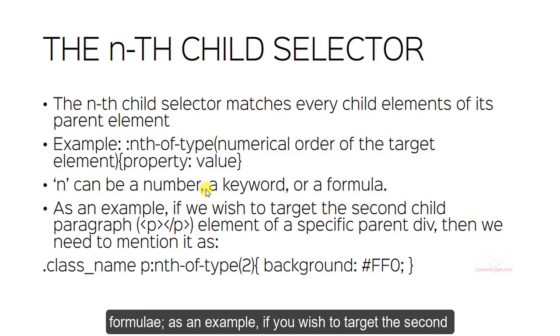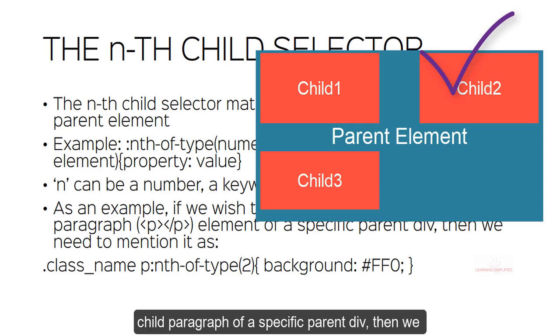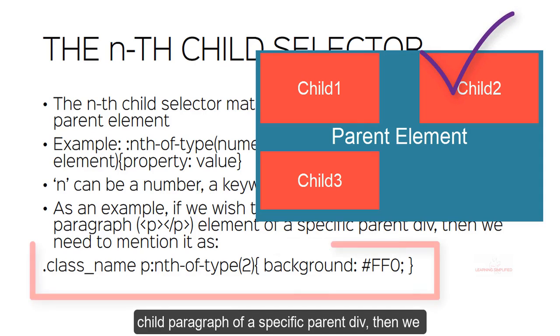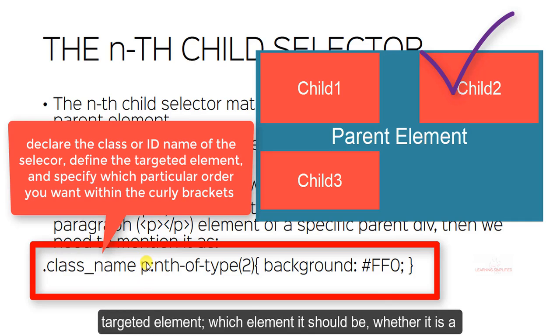As an example, if we wish to target the second child paragraph of a specific parent, then we need to mention it like this. This is the syntax, which states that first of all, the class name should be declared, then comes the targeted element, whether it is a paragraph or a general header tag or something.